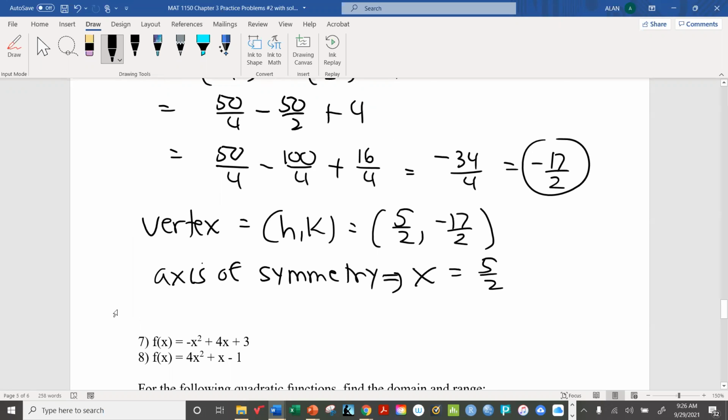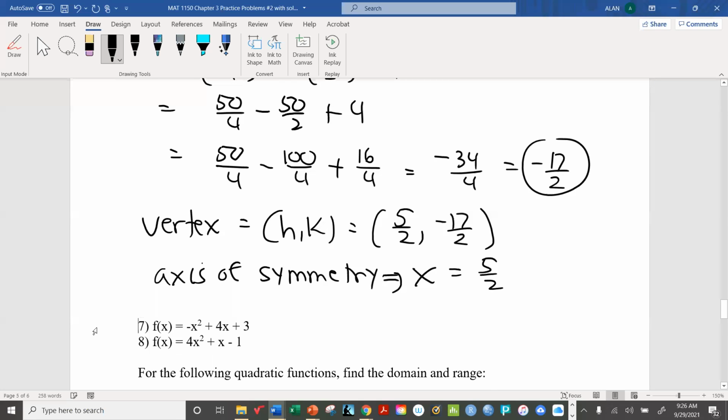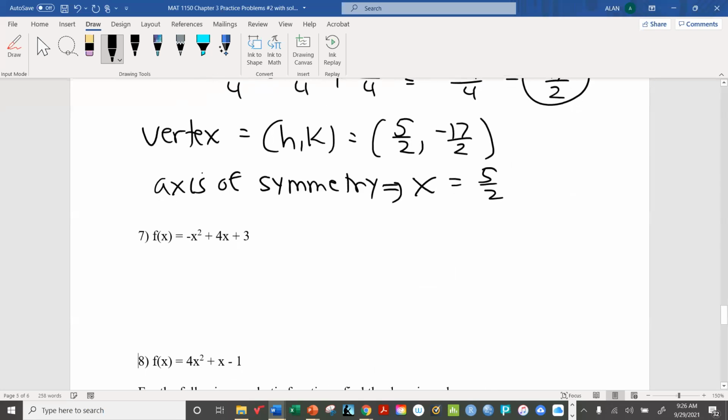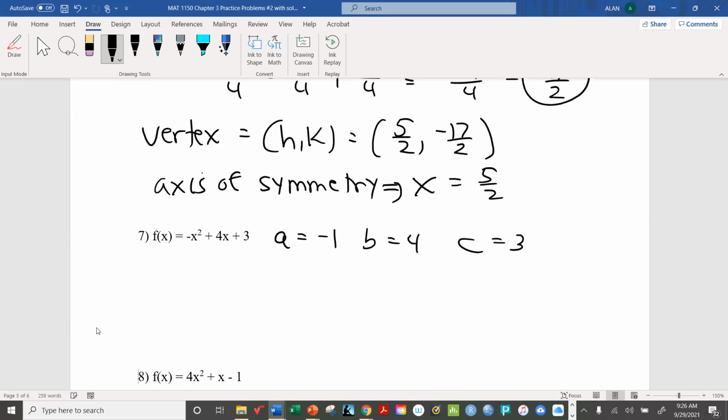All right, so we got 2 more, and then of course the process is exactly the same in each case. Now here a is -1. We have to be careful with that. So h, of course, is minus b over 2a. So it's 2.